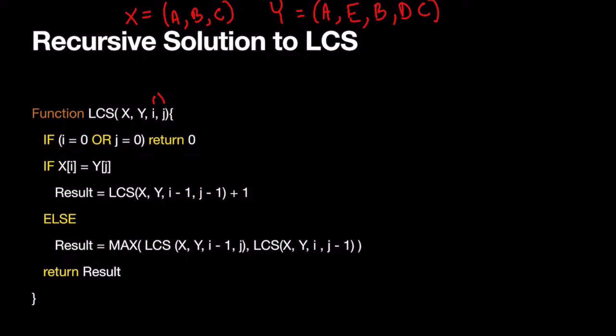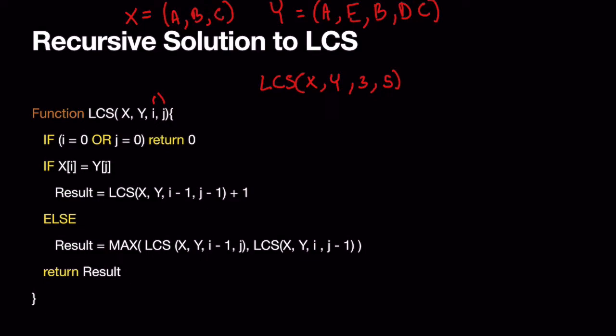So i will be the index for x and j will be the index for y. So our first call will look like this. Size of x is 3 and size of y is 5.